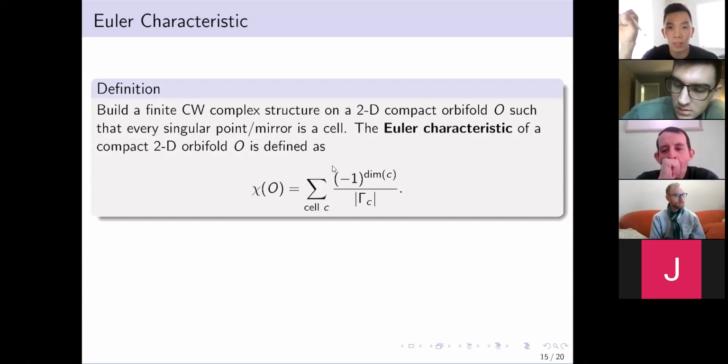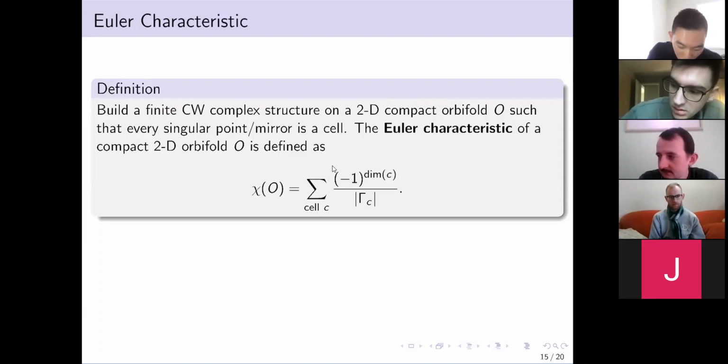I attach some cells, some vertices, edges, and whatsoever. But the way I do it is such that every singular point, so every cone point, every cone reflector point, and every mirror edge is a cell in this CW complex. And I call the Euler characteristic of an orbifold O to be the following formula, basically.